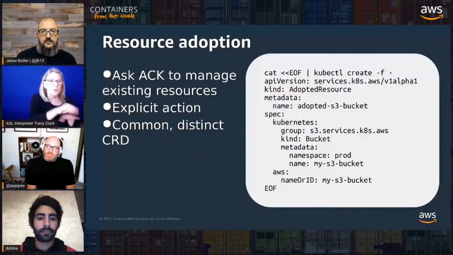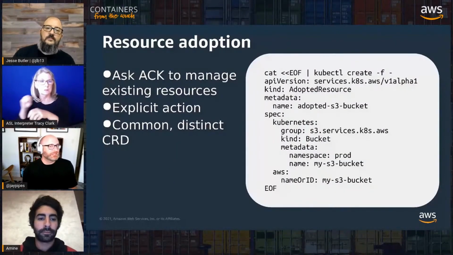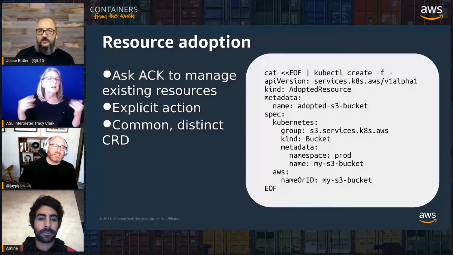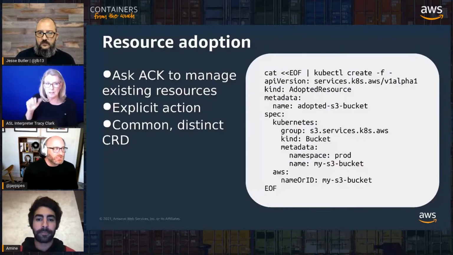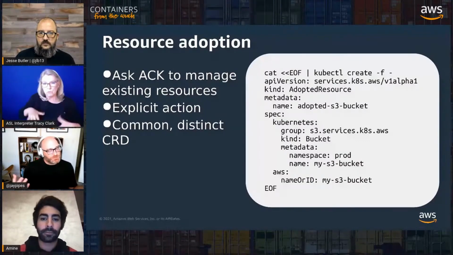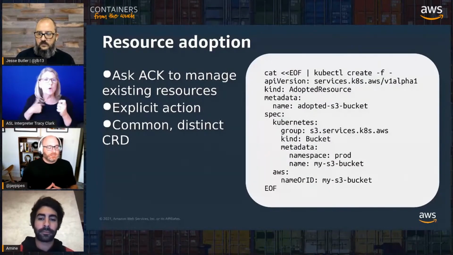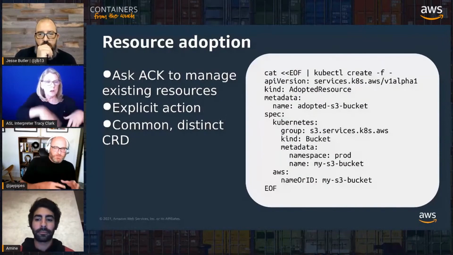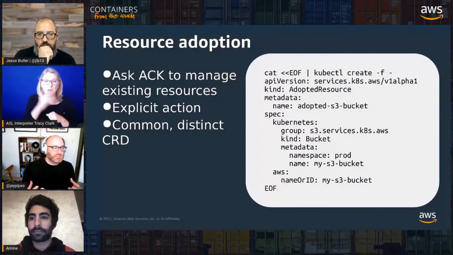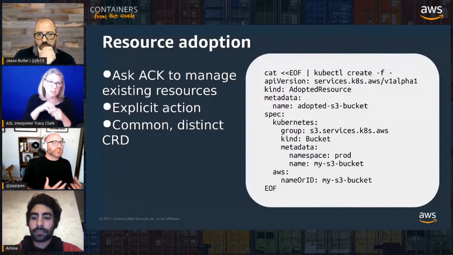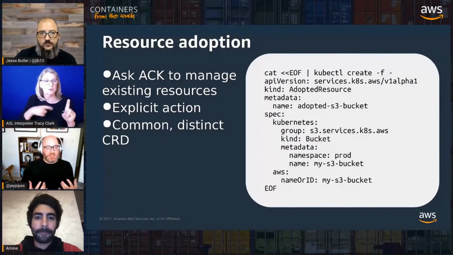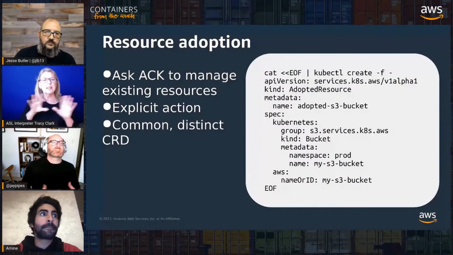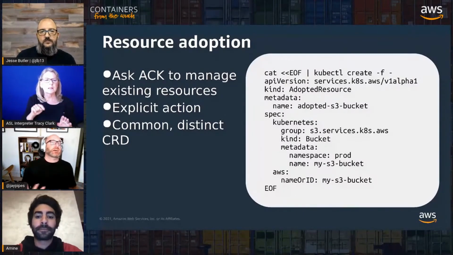We also support resource adoption. So let's say you've got some existing resource that you want to ask an ACK service controller to take under its own management. Well, we support this resource adoption functionality. And one thing that makes this special in ACK is that it is an explicit action, right? When I say it's an explicit action, I mean there is a separate, distinct custom resource definition called adopted resource.